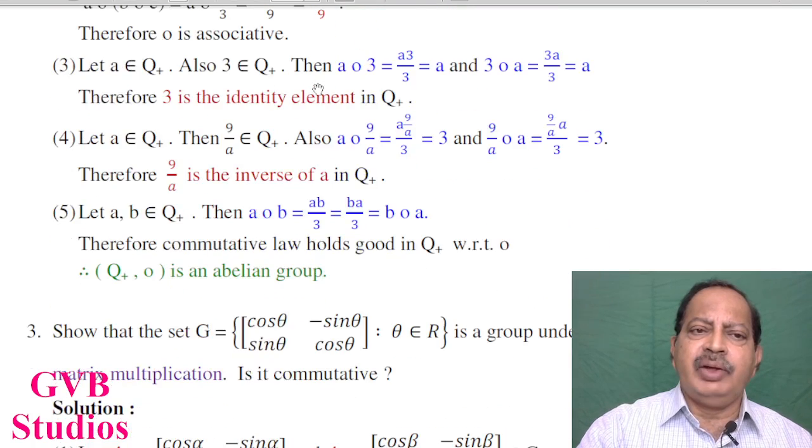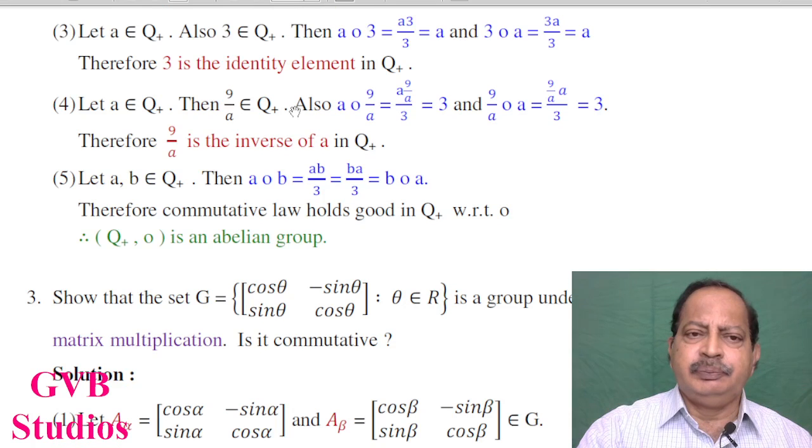So, I will write, let A belong to Q plus, also 3 belongs to Q plus. 3 is a rational number, 3 is a positive rational number. Then A circle 3 is equal to A into 3 by 3, which is equal to A since 3 is cancelled, and 3 circle A is equal to 3A by 3. Here 3 is cancelled, the result is A. Thus, 3 is operated with A from right side and from left side, we get the same A. Therefore, 3 is the identity element in Q plus.